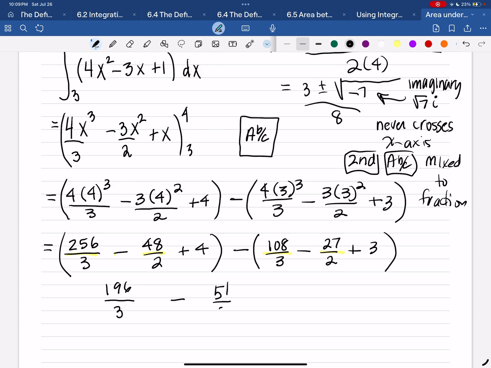Now, we would have to get a common denominator of 6, but we're going to let the calculator do that. 196 fraction key 3 minus 51 fraction key 2 is a mixed number, so second fraction key, it is 239 over 6. And that's our final answer.